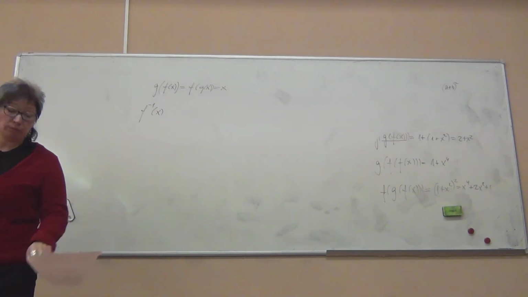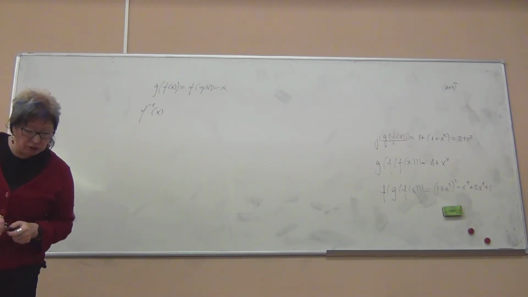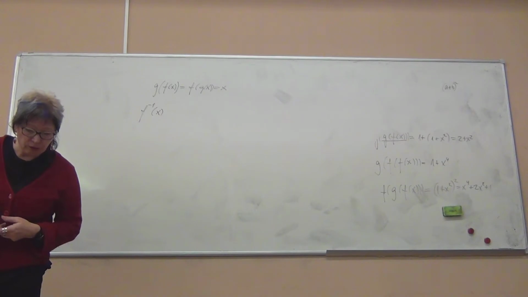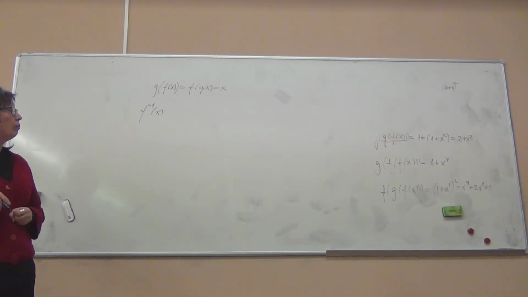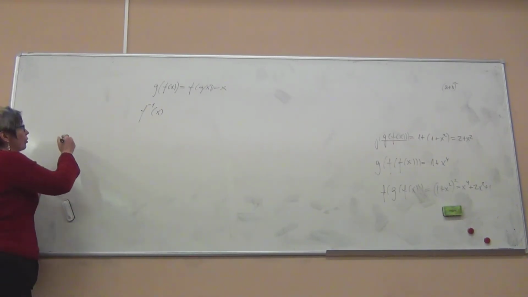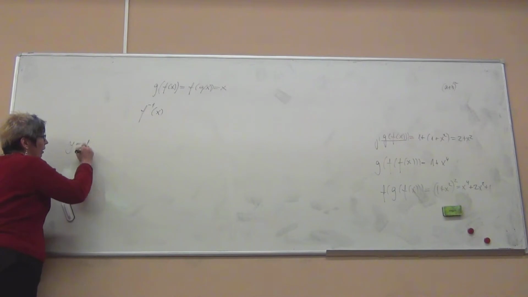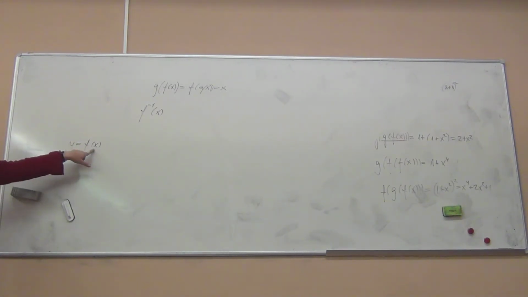How to find inverse functions? We have to remember that if y is f of x, then to find the inverse function to get back to x, starting with y, we have to express x from the formula, whatever the formula is.